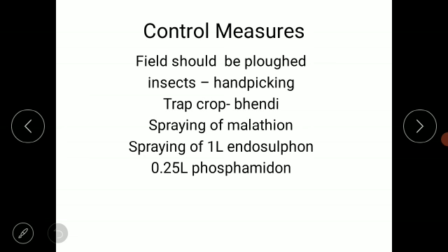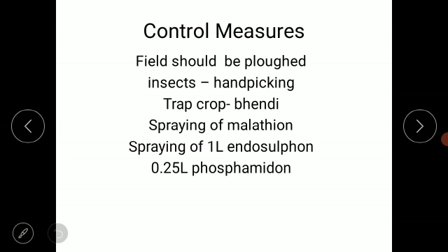So the cotton field should be plowed to expose the eggs to the sunlight, because when we studied the life cycle, we studied that the female red cotton bug requires moist soil for egg laying. The eggs require moist soil for their further growth.